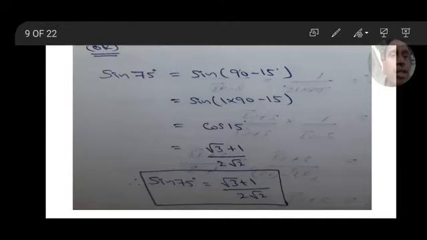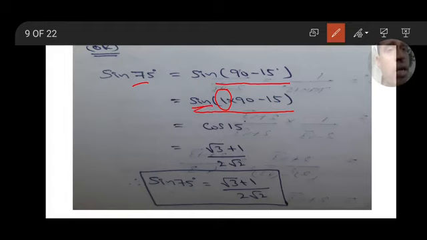Next, sin 75 can also be found by another method. Sin 75 can be written as sin of 90 minus 15. 90 can be written as 1 into 90, so sin of 1 into 90 minus 15. Since 1 is an odd number, sin becomes cos, and 75 degrees is in the first quadrant where sin is positive, therefore plus cos 15.